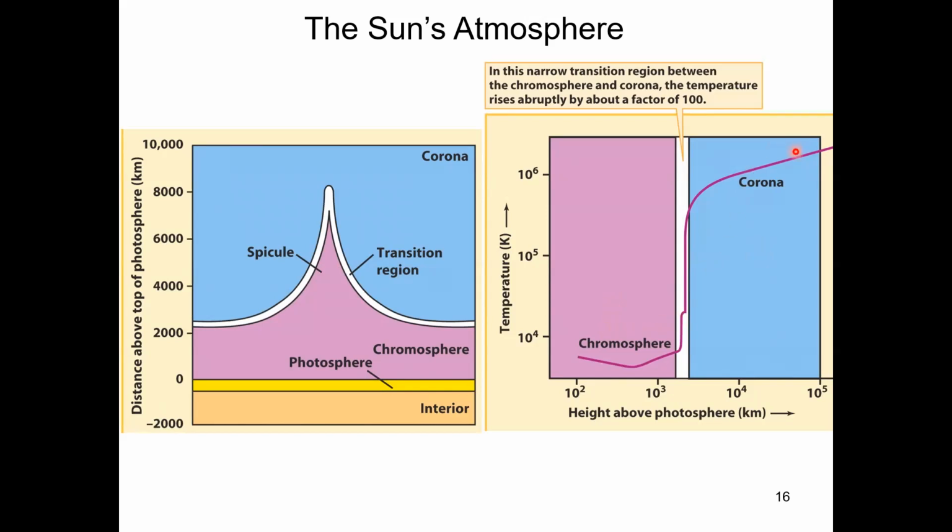So you expect to see the temperature drop. You never expect to see a temperature rise there. Nobody would have anticipated this, except for people like Einstein, who always thought against the norm. Almost everybody would have thought the temperature would drop gradually when you come out of the surface.